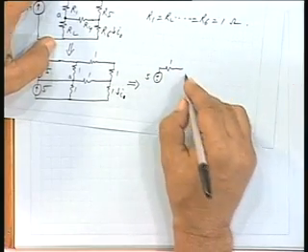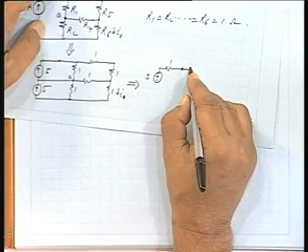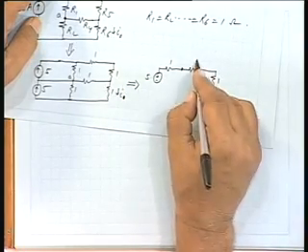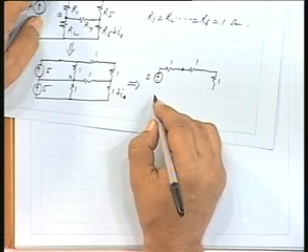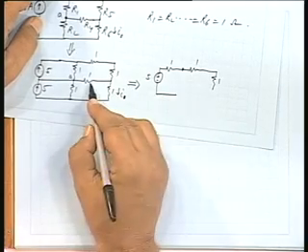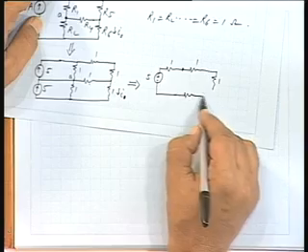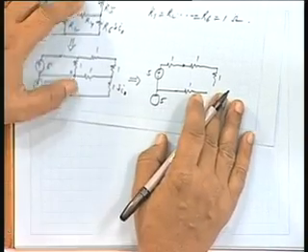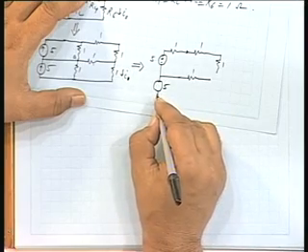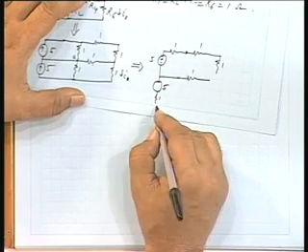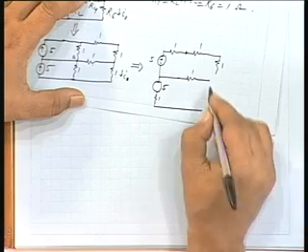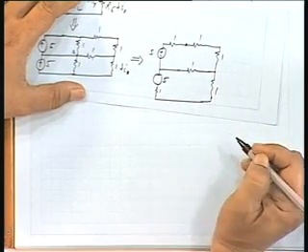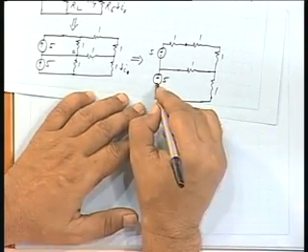And then you have 1 ohm, this and this, I will show them separately. And then this 1 ohm. Similarly, this side you have 5 volts in series with 1 ohm. This is the polarity.